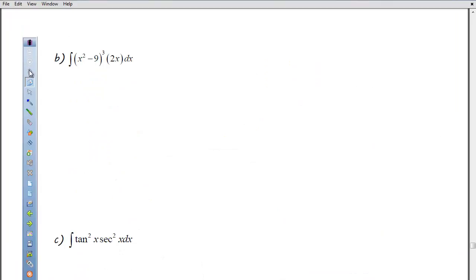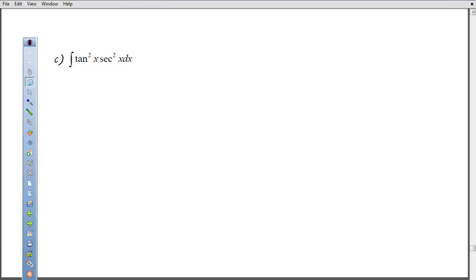All right, it wouldn't be fun if we didn't put a little trigonometry in it. So let's take a look at c. Again, we have to choose u such that its du is present. So when I look at this, I've got u is tan squared.